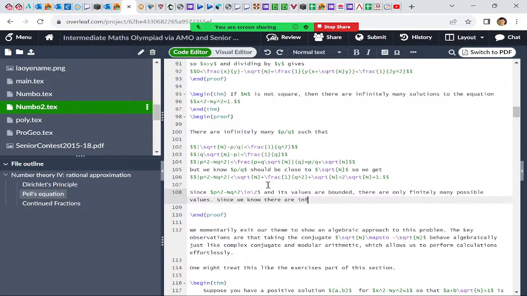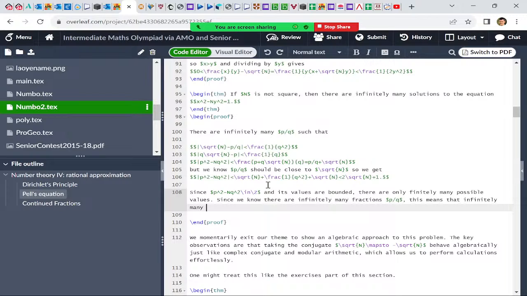Since we know there are infinitely many fractions p over q, this means infinitely many of these correspond to some one integer, let's call it m.